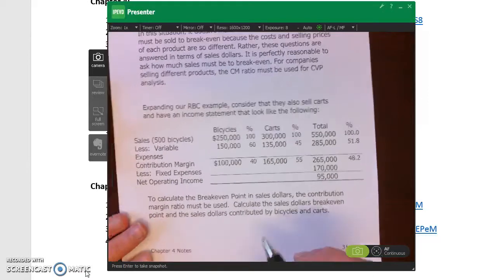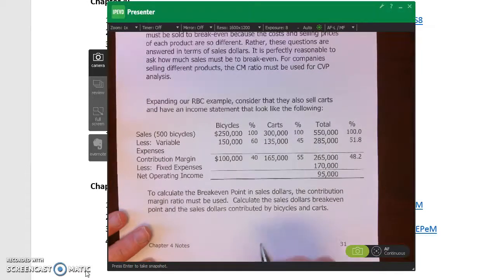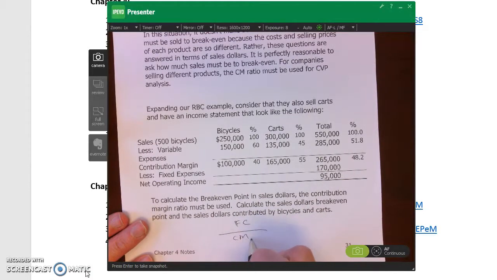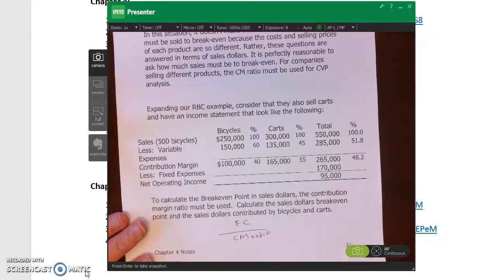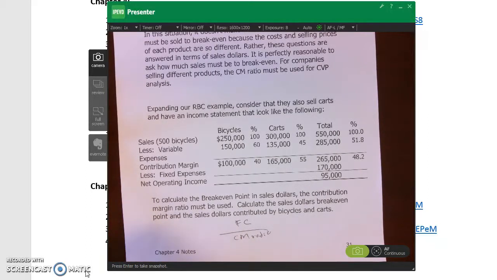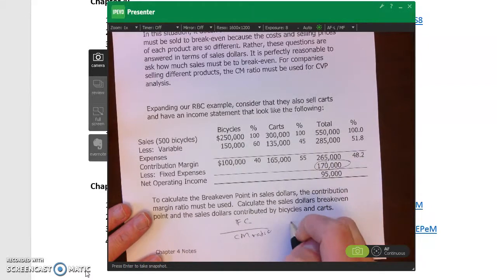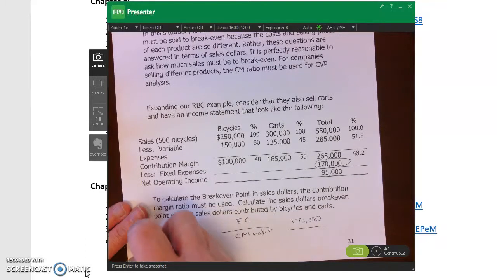And so remember the way we calculate break-even in terms of sales dollars. Come over here and we say our fixed costs divided by our CM ratio. That's our formula. So in this case, we look at our total fixed costs, and then we can calculate our CM ratio.